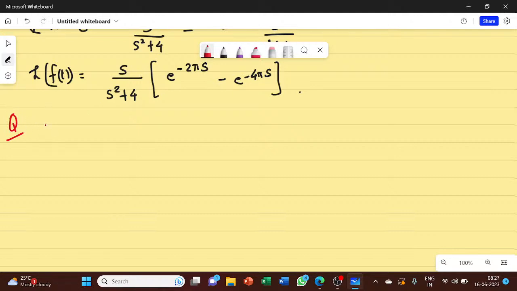Now try to do this: find the Laplace transform of f(t), where f(t) is given by this.